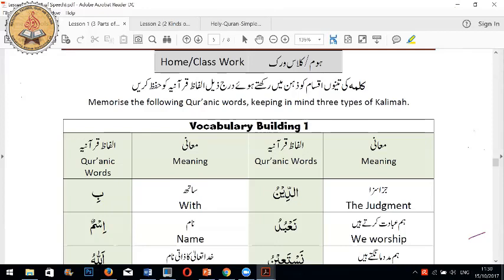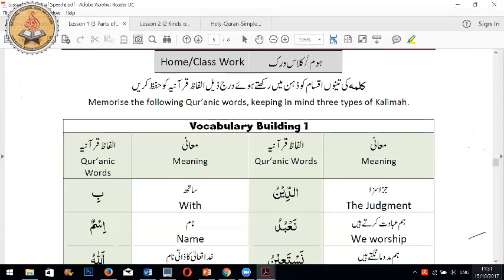If you go to Suratul Hijr, which is in part number 14, the starting of part 14, chapter number 15, find out how Allah the Almighty has praised Suratul Fatiha.